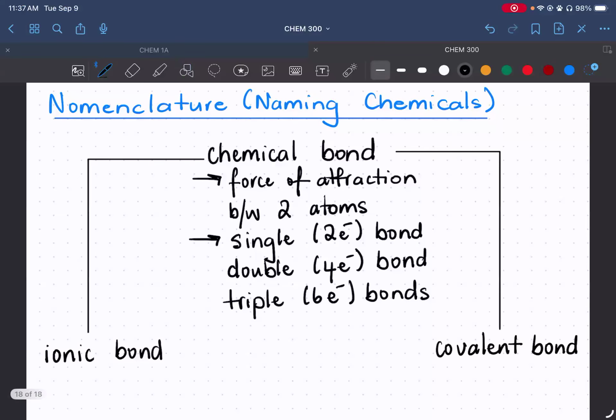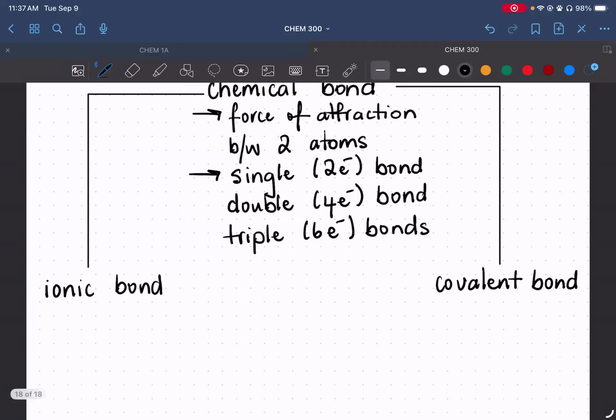Naming chemical compounds ultimately comes from identifying what type of bond is present and following its rules. An ionic bond, for instance, is a force of attraction between a metal and a nonmetal. A covalent bond is a force of attraction between a nonmetal and another nonmetal.